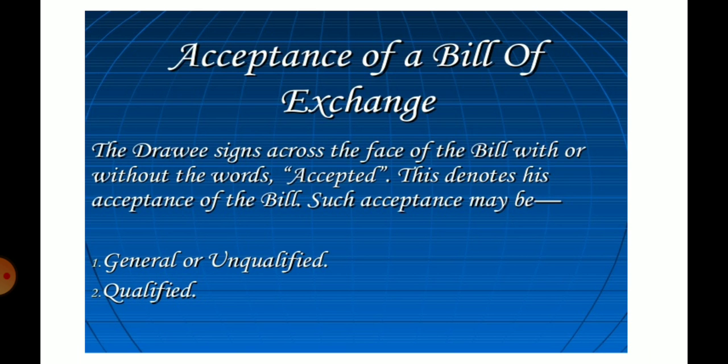Now, acceptance of bills of exchange. The drawee signs across the face of the bill with or without the word accepted. This denotes his acceptance of the bill, and such acceptance may be general or unqualified, or may be qualified.